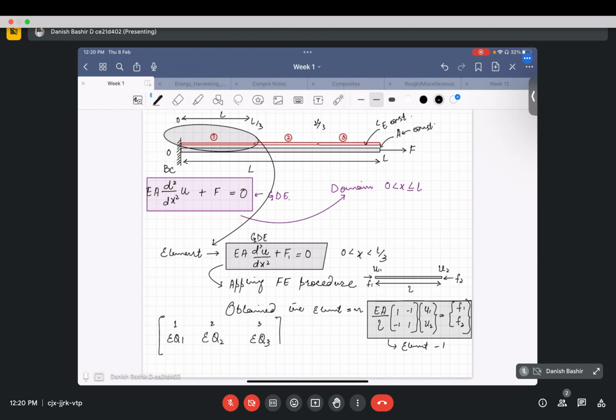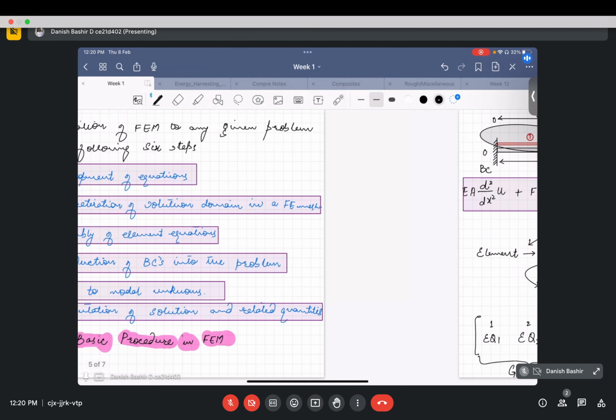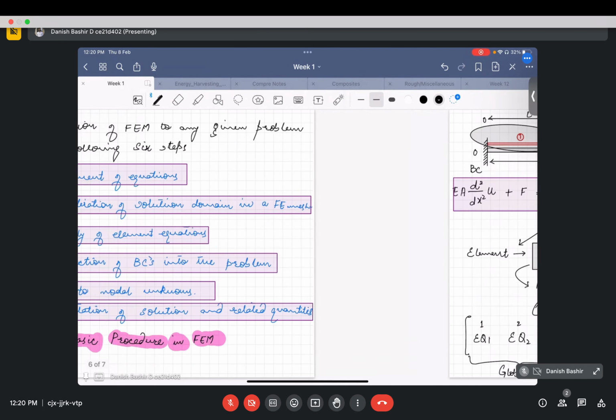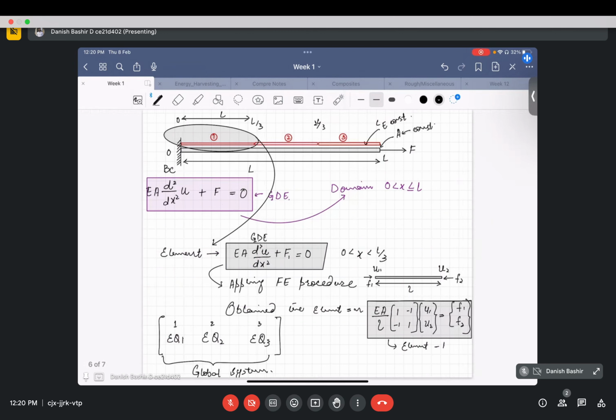I call this the global system, the assembly of the element equations to form a bigger system. In this global system, we incorporate the boundary conditions.